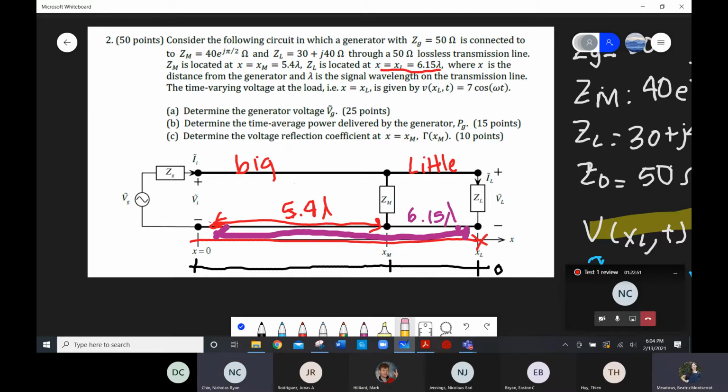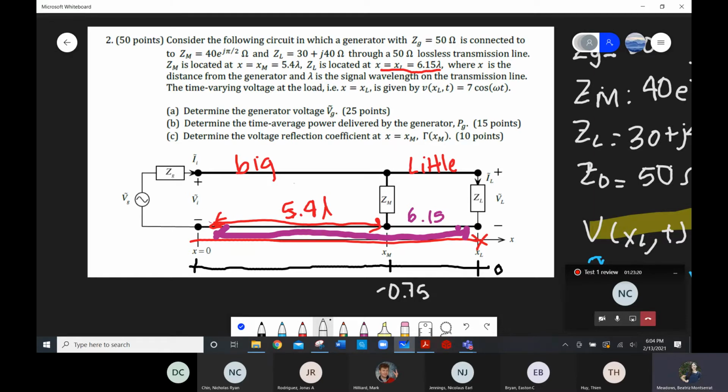That's what I was looking for, because the sole purpose of the derivation we learned in class is that going in this direction, I am negative, right? So first thing I'm going to do is figure out what this guy is, which I already know is just 6.15 minus 5.4, which is 0.75 lambda, right? So what will the point here be?